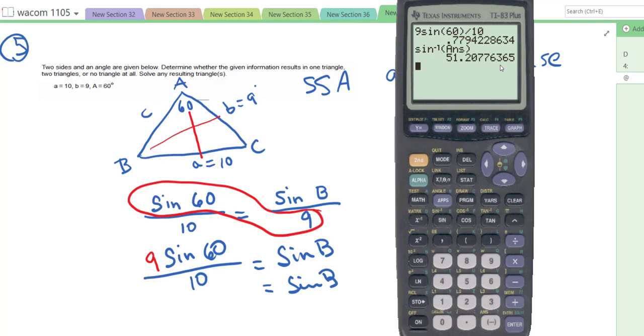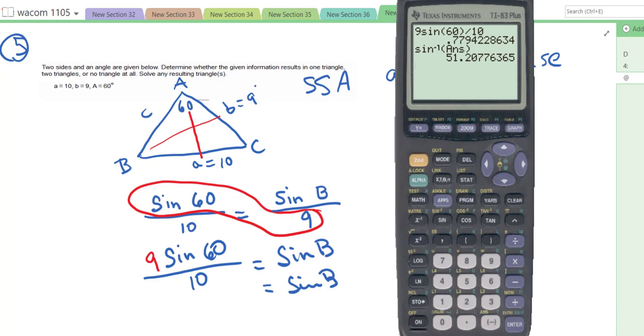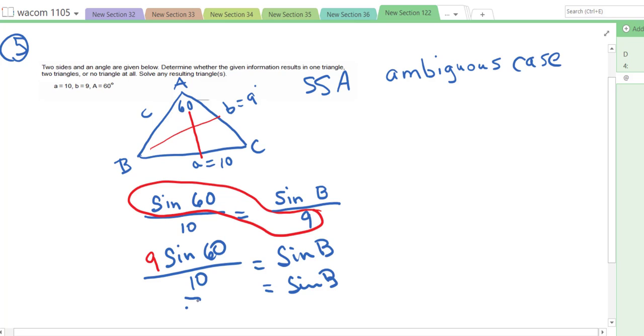It was 0.779422. But I kept it in my calculator, so I did sine inverse of that by keeping it in my calculator.